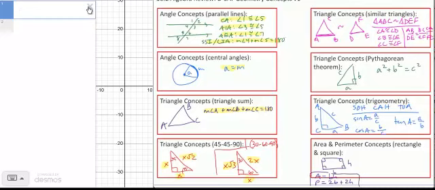For a square, you just have one side length s, so the area is s squared, and the perimeter is 4 times that same side length. These would be the relationships that you're looking at for your geometry review.